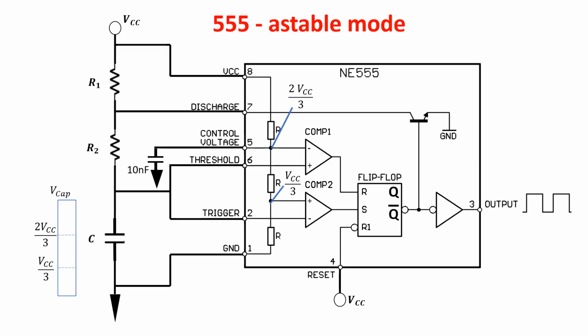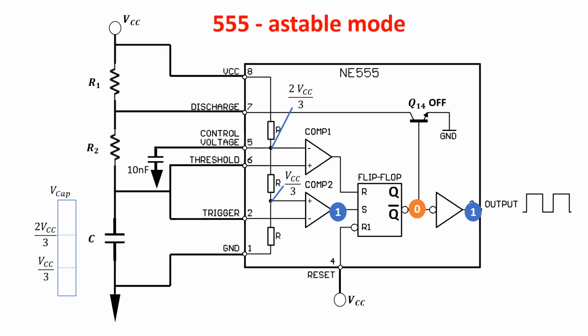So the output of comparator 2 is at high value, putting high the set input of the flip-flop, thus producing a 1 in the Q output and a 0 in the negative Q output of the flip-flop, which is the output driving the discharge BJT and the inverting output stage. This means that the Q14 BJT is off and the output is at 1.